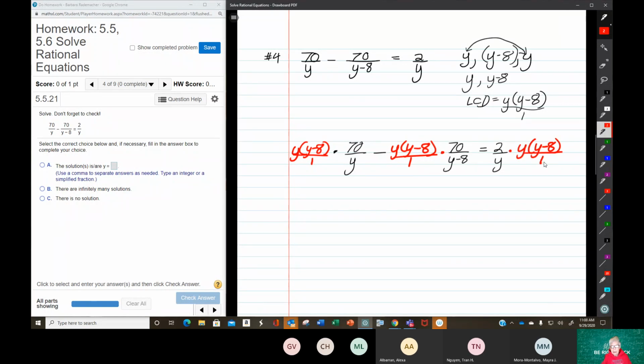So that now is kind of my second line, if you will, of this equation.